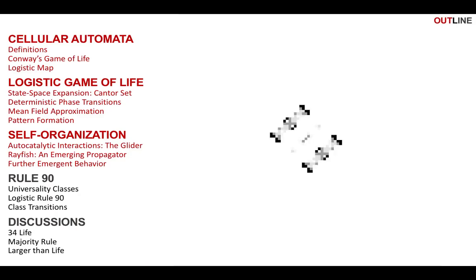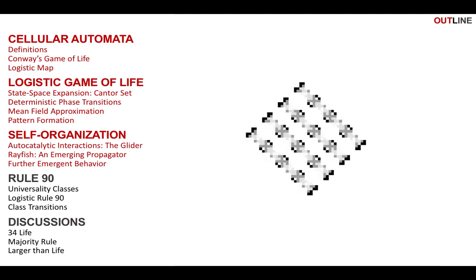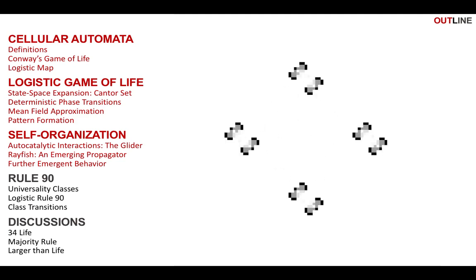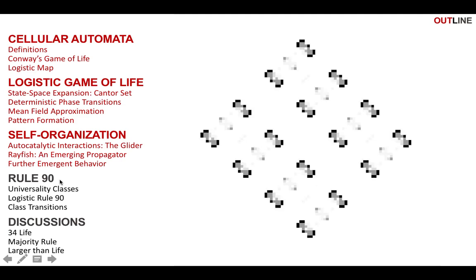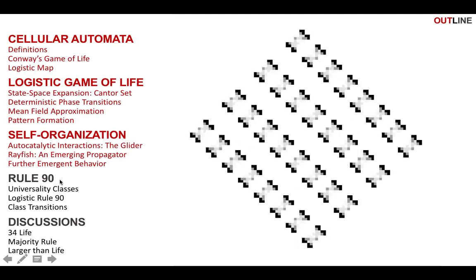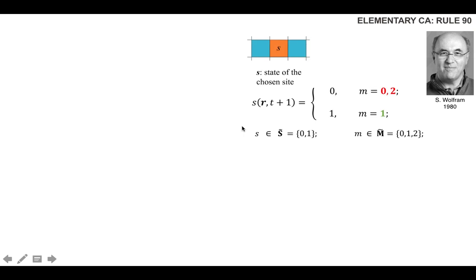Now we would like to apply this idea of logistic cellular automata to other kinds of automata. One simple way to extend it is to think about Rule 90, introduced by Stephen Wolfram. Basically, here we have one cellular automaton. Again, the system is autocatalytic, meaning that the fate of this cell depends only on the summation of these values, right?